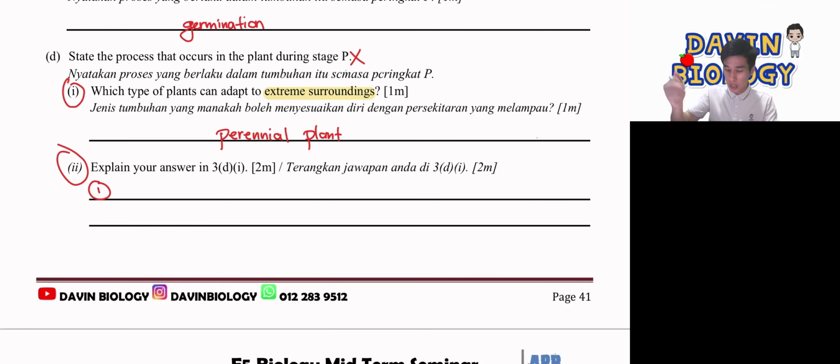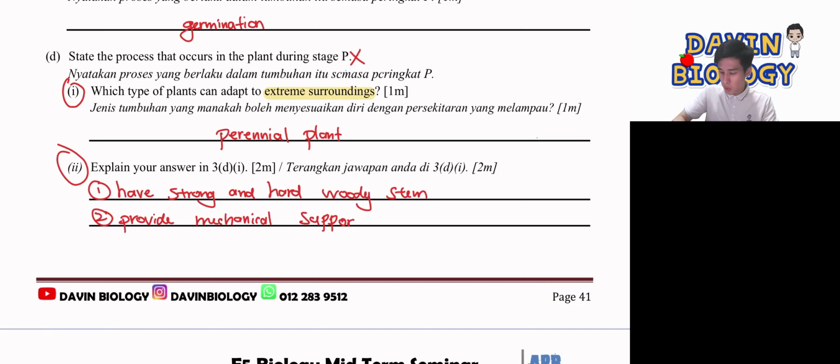So you can say your answer is because they have a strong and hard, woody stem. They provide mechanical support. They also have bark.